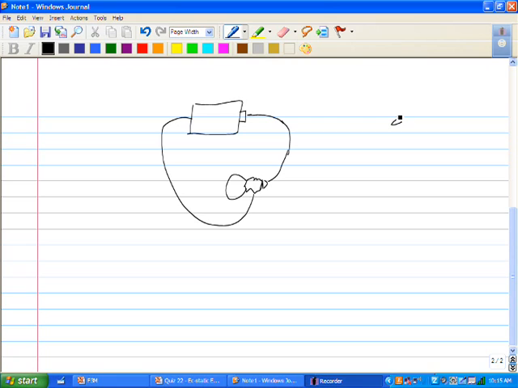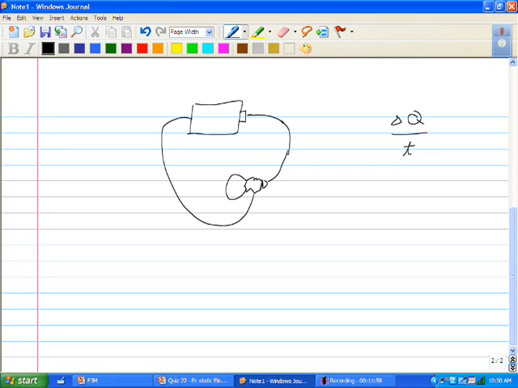And what's the symbol for charge? Q. So, changing in charge over time, which means what?